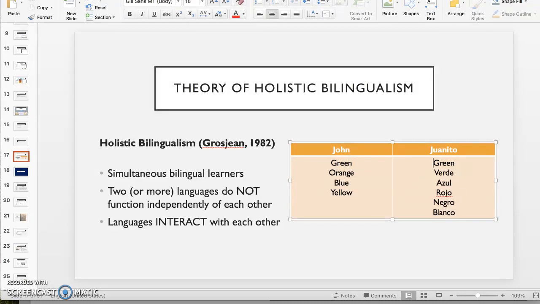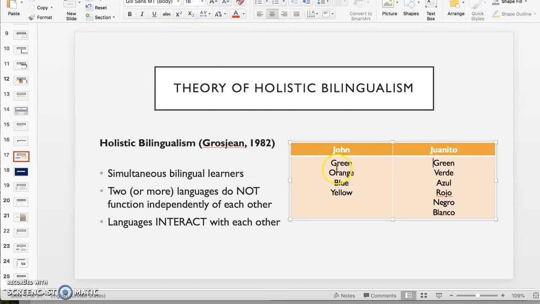So again, what I was saying in lesson 1 is from the theory of holistic bilingualism, we need to think about how we have multiple language resources, and we need to be looking at students and considering what they can do in all of their languages.